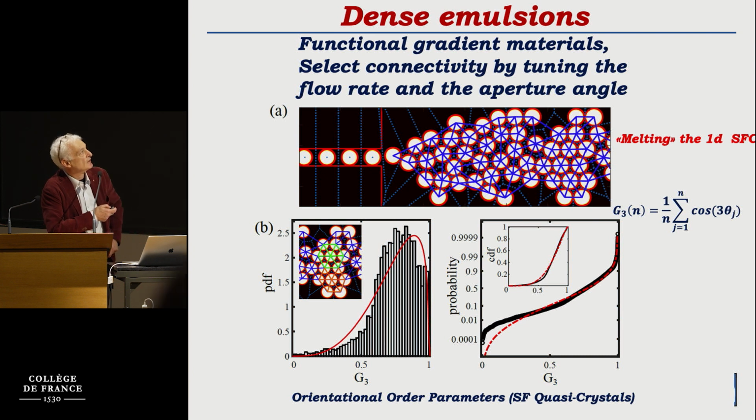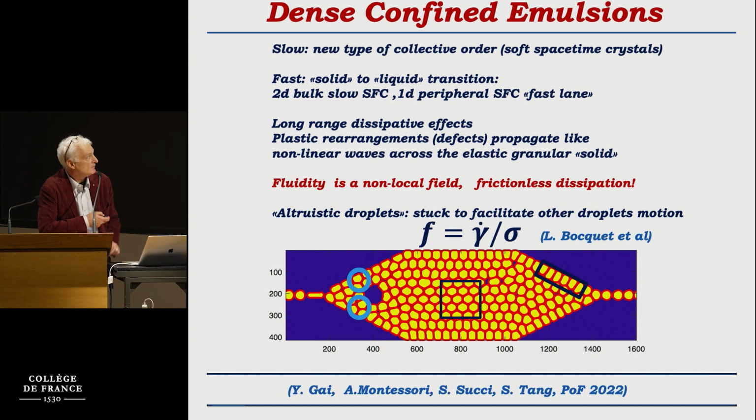Here, for instance, you can tune the connectivity by changing the aperture angle. This is the single-file droplet flow, and then you open up the channel, and of course you generate this kind of complexity. We did some very dense, this is 0.9 volume fraction, interesting phenomenon. Instead of going through the bulk, you see that the droplets behave like humans, like pedestrians. I don't have the movie on me, but they would move sideways.